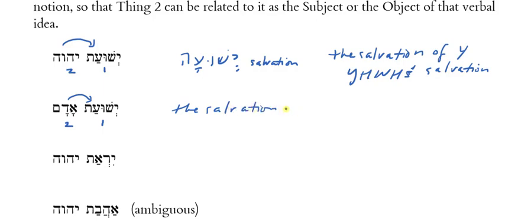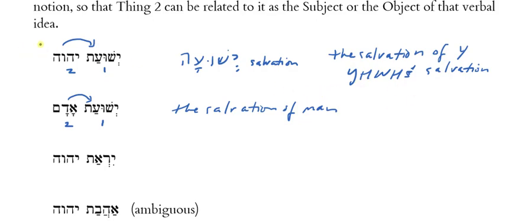Now, if Yahweh is the one who's doing the saving, then man is related to salvation, the head noun, thing one, as the object of the salvation. So it's the act of saving man. Okay?